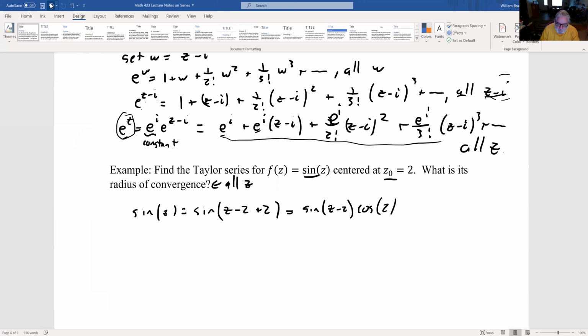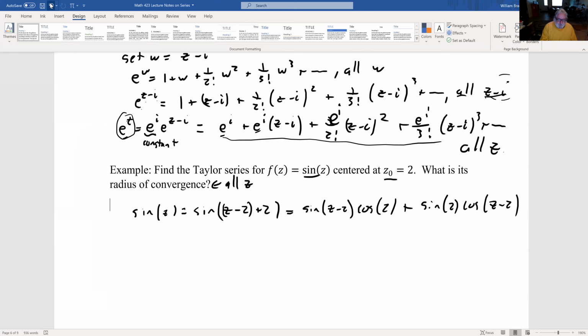Sine of z minus 2 times cosine of 2 plus sine of 2 times cosine of z minus 2, right? And this is the trig identity, right? The sine of a plus b is sine a cosine b plus sine b cosine a.